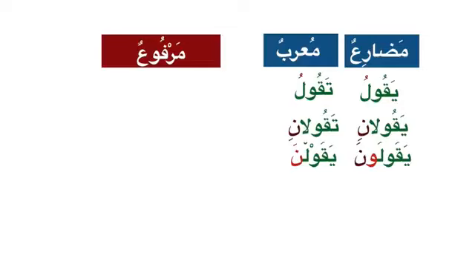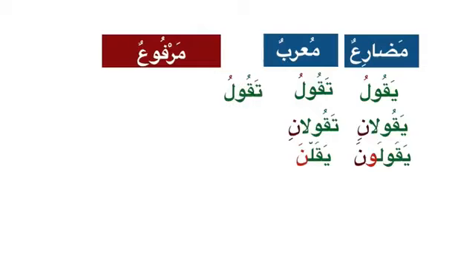So the mutaharrik pronouns in mudari' are only in hunna and antunna. When this mutaharrik pronoun gets attached, we know the lam kalima will get sukoon. When we get sukoon here, again there is iltiqai sakinaini. So what happens? Again the weak letter is dropped, so yaqulna.